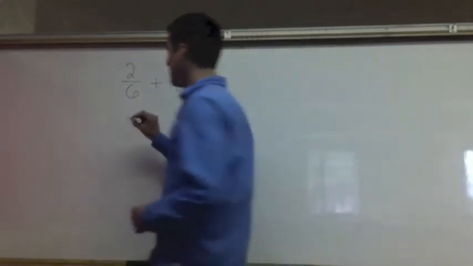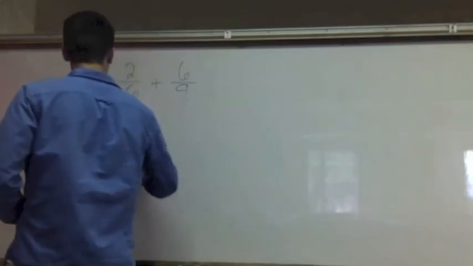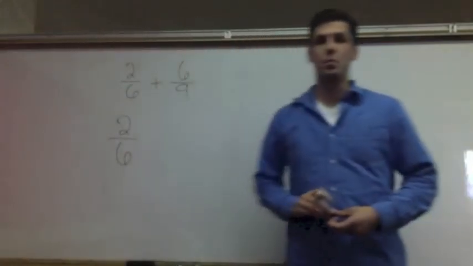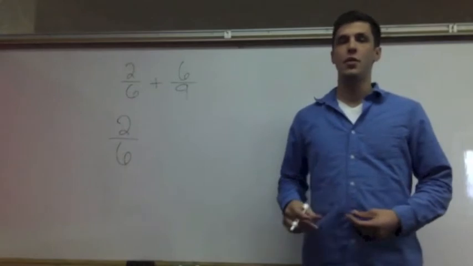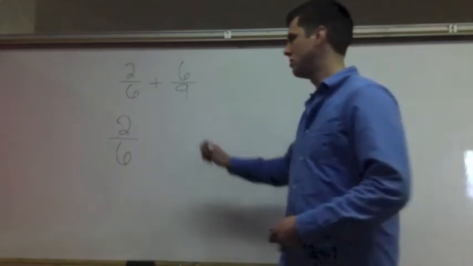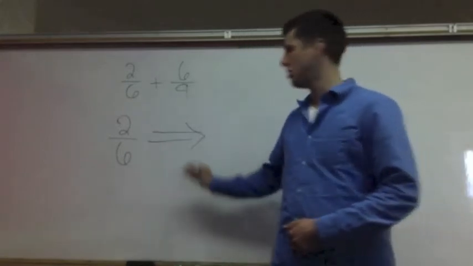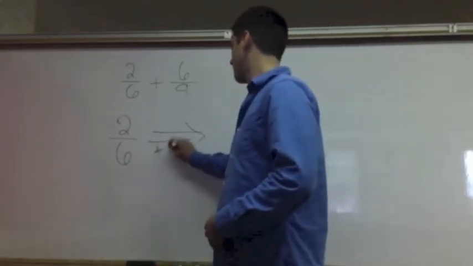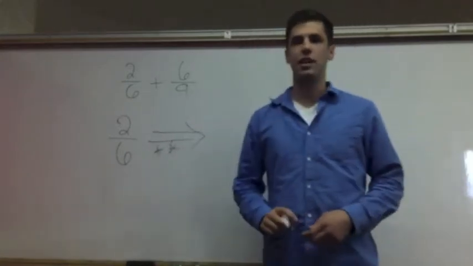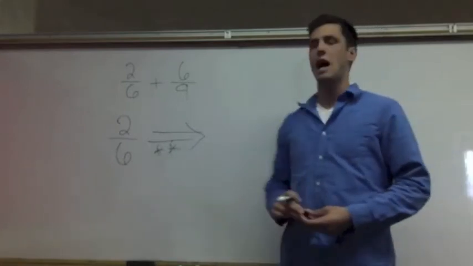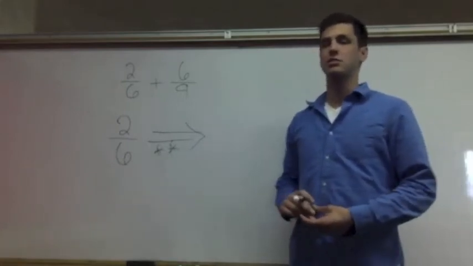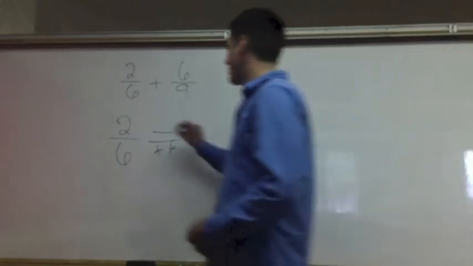If we have 2/6, and we want to put it into lower terms, we need our magical change factor arrow. Change factor arrow is going to help us divide both the top and the bottom to make that fraction smaller, but still the same fraction.